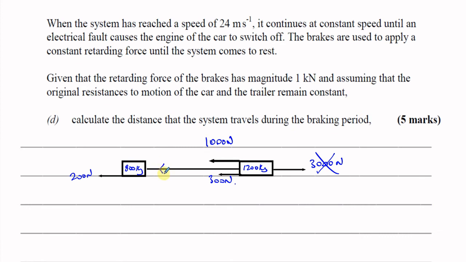So you're going to have the force acting outwards like this. This is now called a thrust, not a tension. When the brakes are applied, normally the trailer would go smashing into the back of the car. If they're connected with the tow bar, that won't happen because it's a rigid tow bar which does not bend nor buckle. So you're going to have what's called a thrust acting outwards to keep them apart.